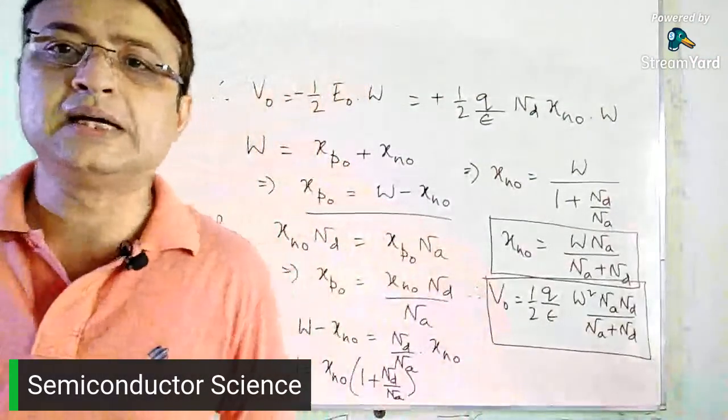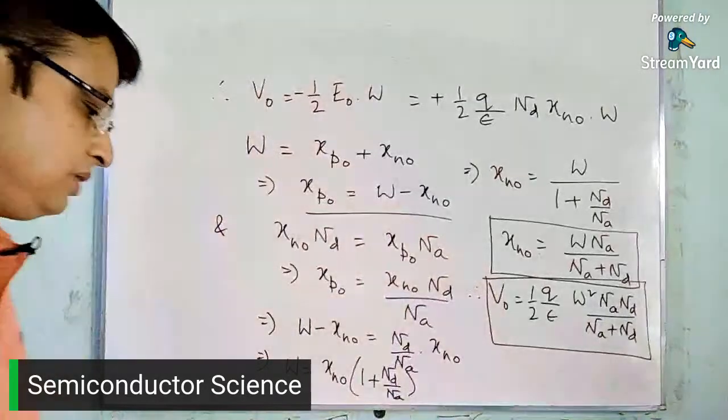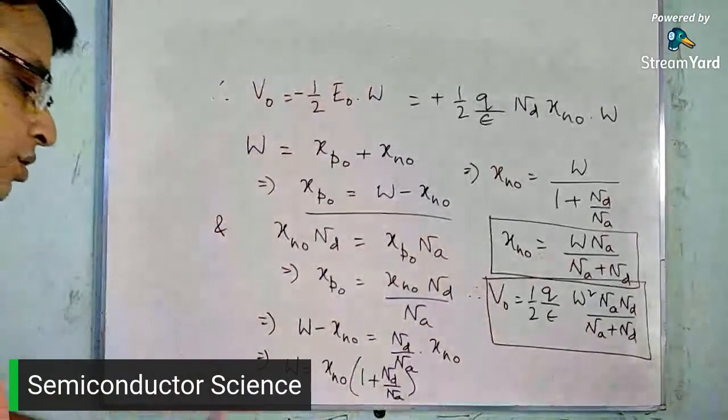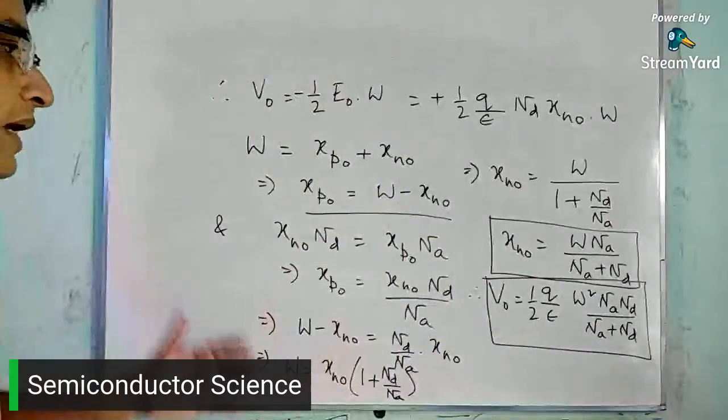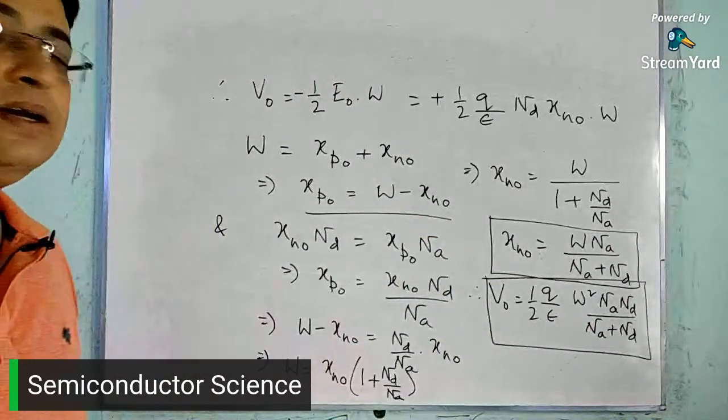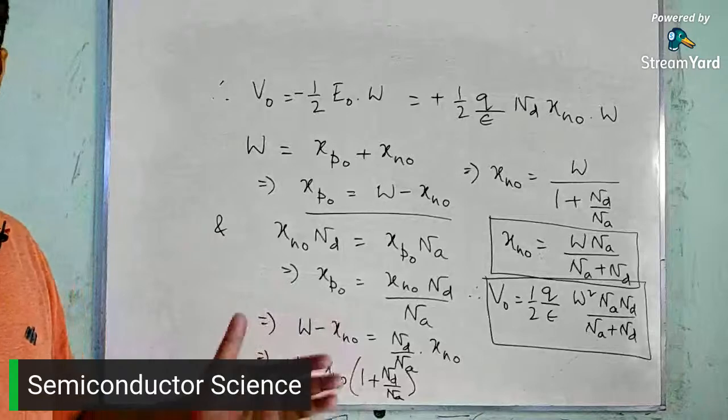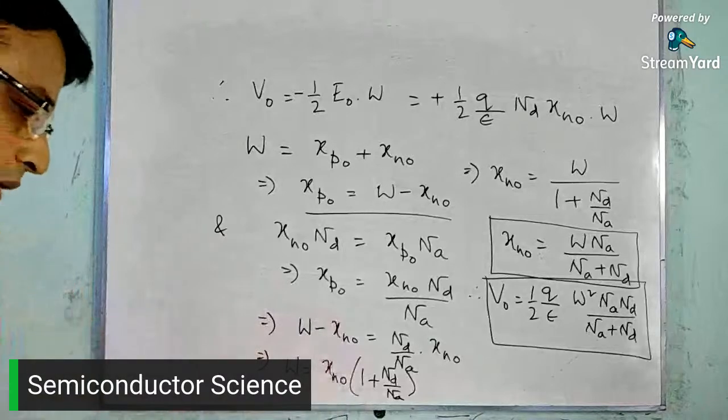Okay, so these are the values we already found, that is the value of V0 equals half Q by epsilon times NA ND by NA plus ND into W square.